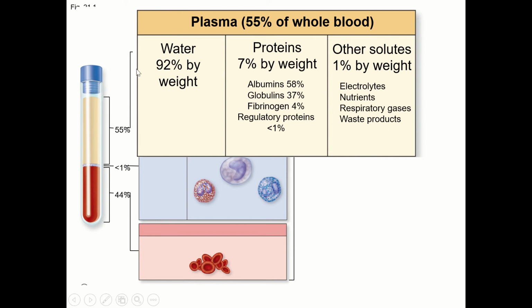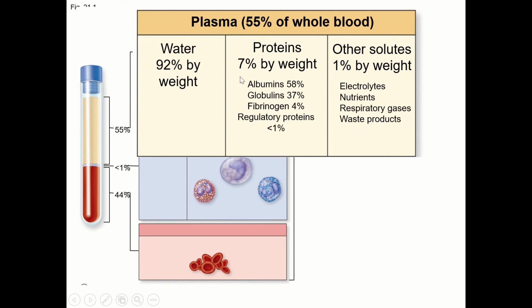And dissolved in that water are proteins and other solutes such as electrolytes, those are salts, other nutrients, minerals, vitamins, fats, amino acids, also the respiratory gases, oxygen, carbon dioxide, but also nitrogen, which we can't use, but that's what most of the air we breathe is, and then waste products being removed from tissue. So all of that is in the blood plasma.